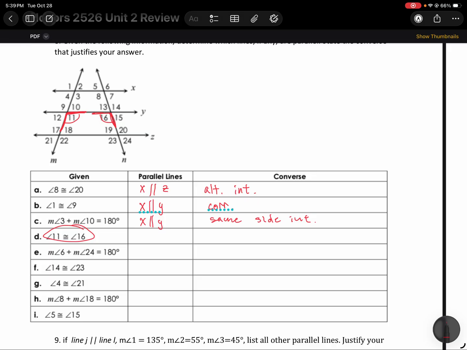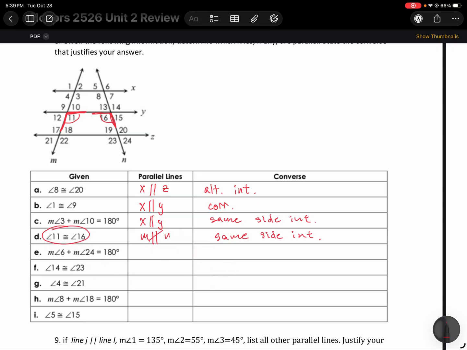We don't know that because these are same side interior angles. There we go, I found the loophole. These are same side interior angles, which would imply that M and N are parallel, but they are not parallel.